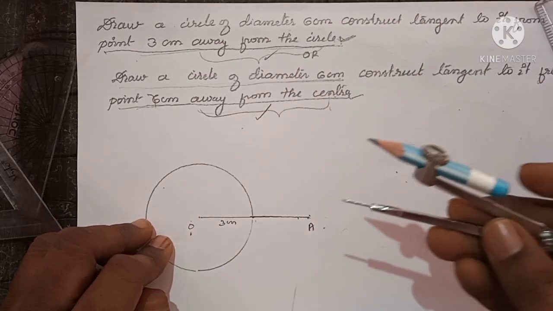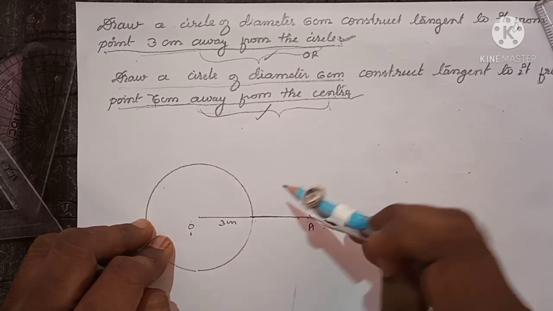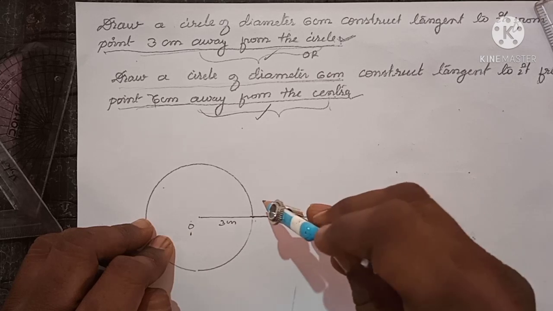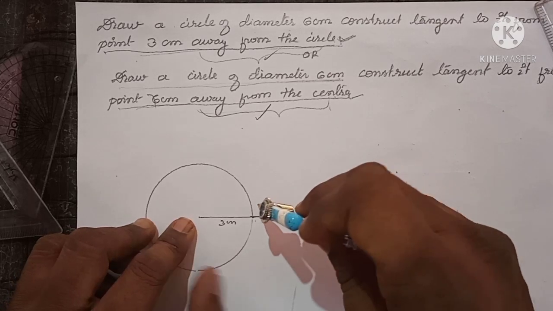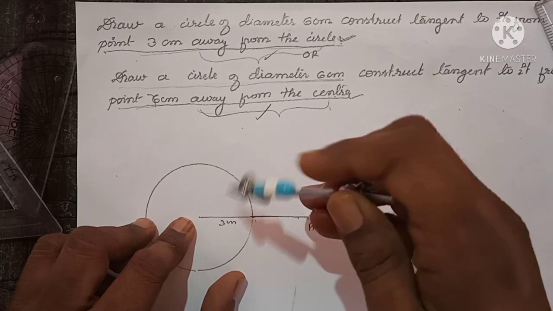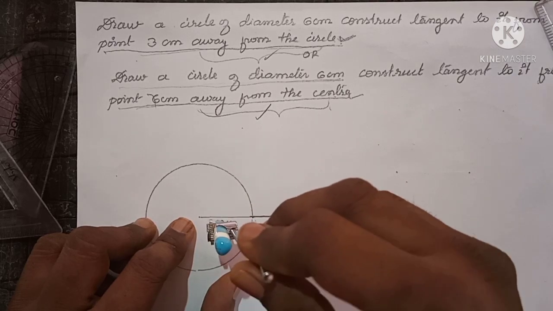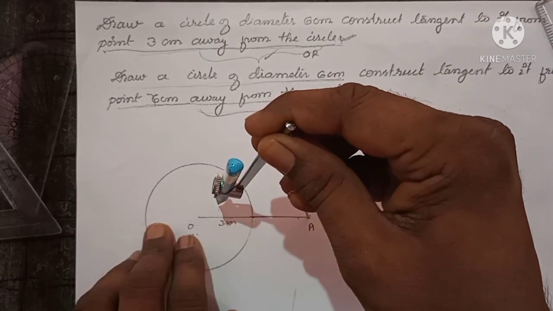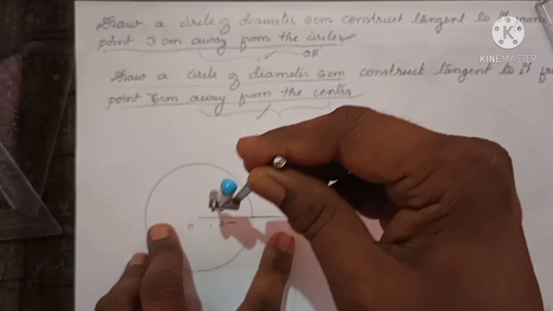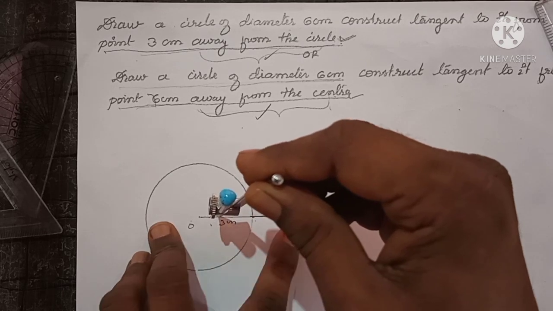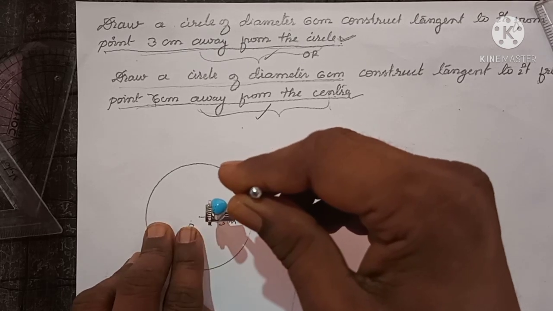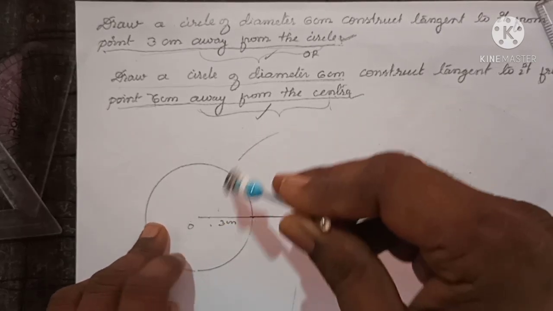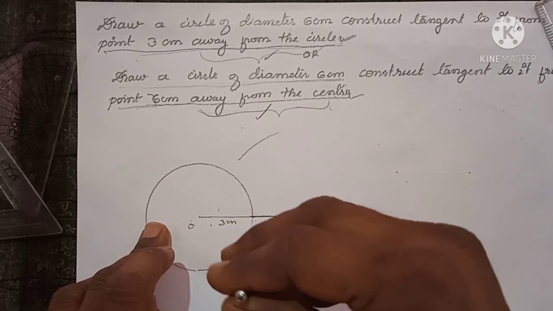Okay, after that we draw the external point. A is the external point, O is the center of the circle, and you take a length which is more than half of OA. So take a compass length that is more than half of OA, and draw arcs above and below.